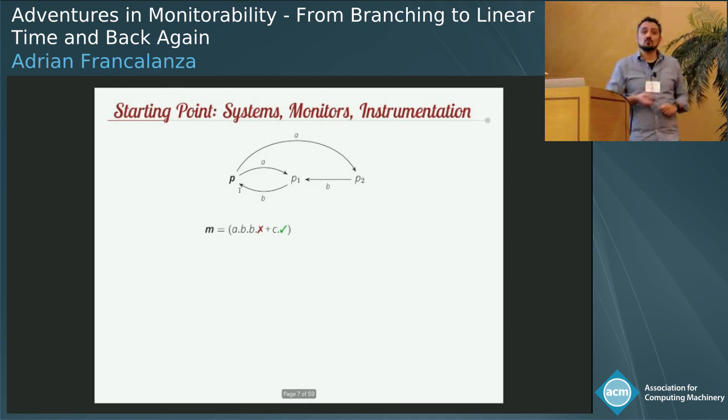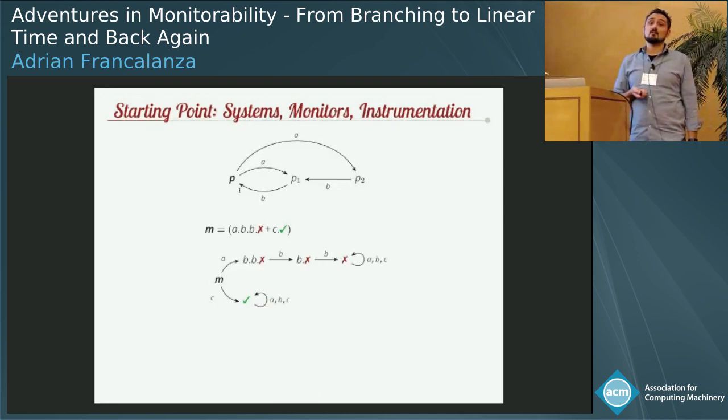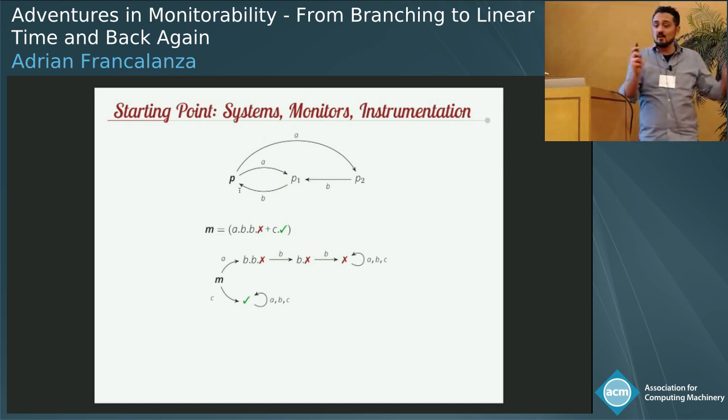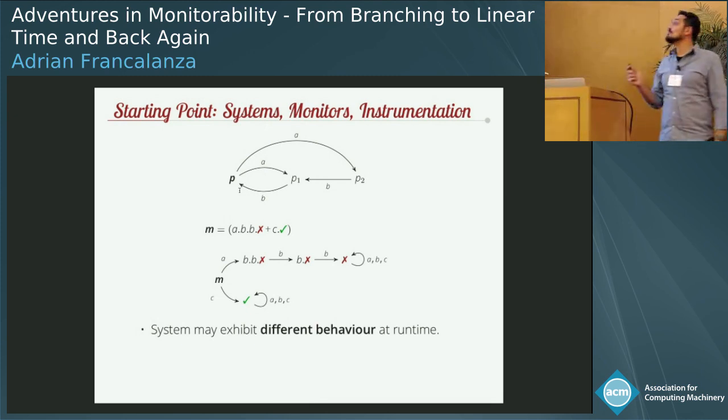Monitors, we have slightly more control. In our framework, we do have a language to describe the monitors, and we give it a semantics, and the semantics is also another LTS. I'm not going to go into how you obtain this, but what you should keep in mind are two things. One is that the system in general may be non-deterministic. It may exhibit a different behavior every time you execute it.